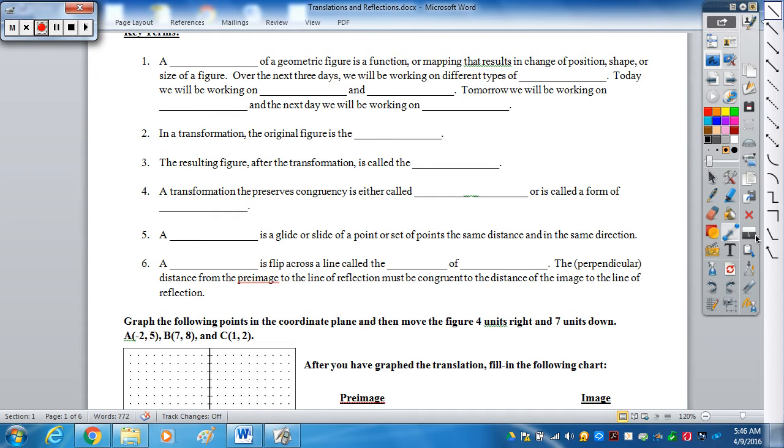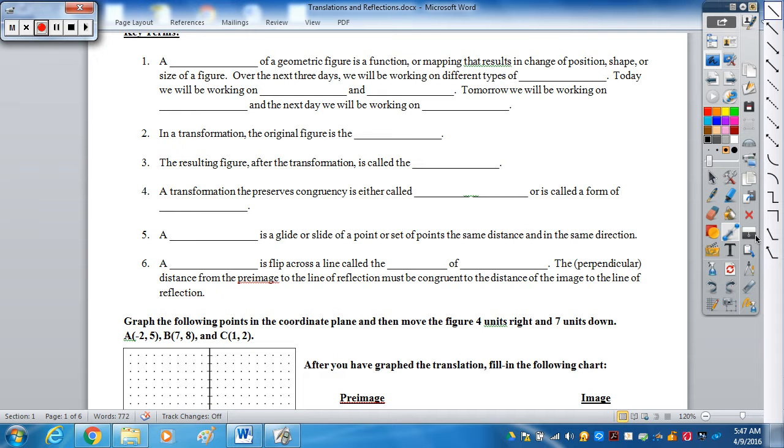Now, in most cases of what we're going to be looking at, it's not going to transform into something completely different. We looked at dilations earlier this year, and dilations can be bigger or smaller. They're similar in size, but the ones we're looking at today and tomorrow won't change in shape. It's going to be the exact same shape. They're going to be congruent.